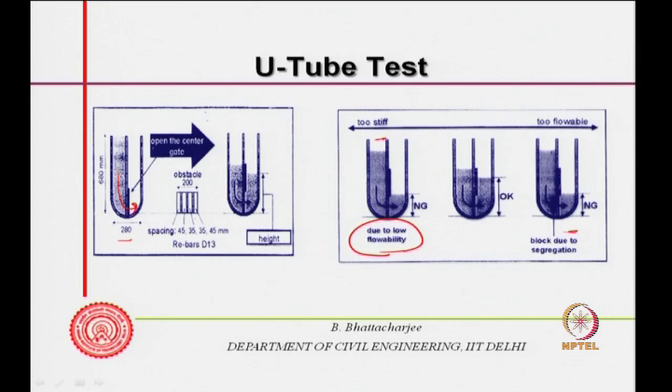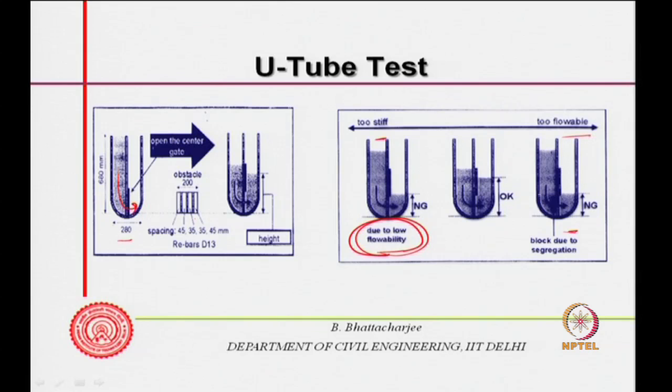This is a stiff mix, it does not move at all, very stiff due to low flowability, not self compacting. Or it is too flowable, that means it might cause segregation.